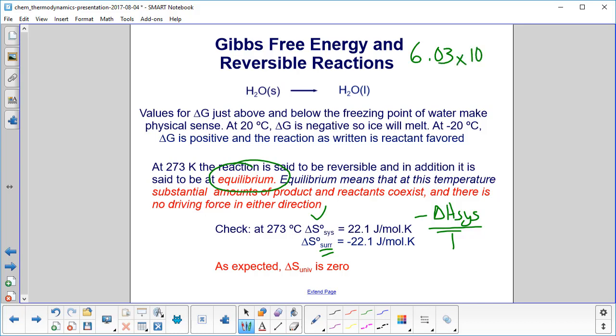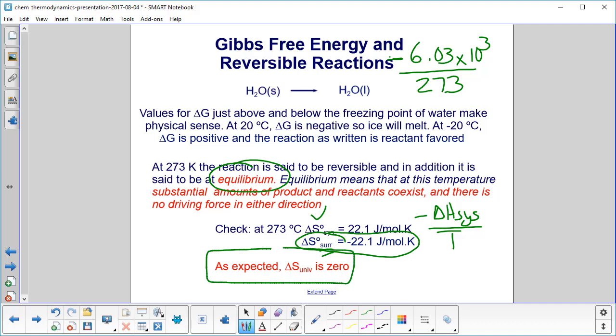Okay, that's delta H system. Have to put a negative in front of it. And the temperature we're looking at here is what? 273 Kelvin. You carry out that math and you get negative 22.1 joules per mole Kelvin. You add those two together, delta S naught system and delta S naught surroundings, and you come up with delta S of the universe is 0.